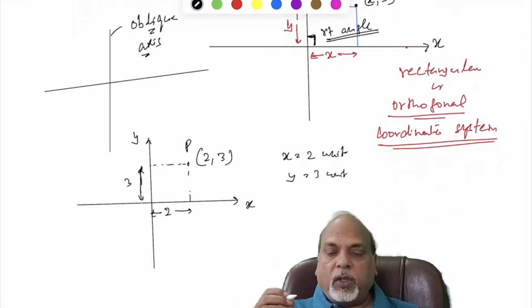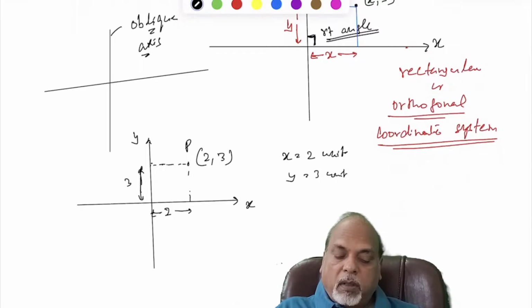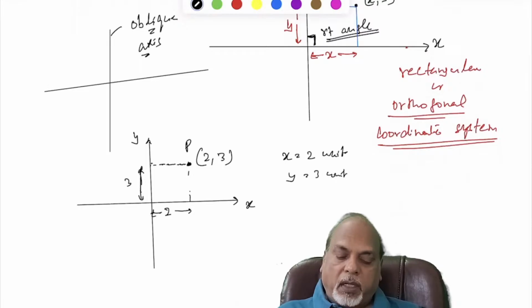So if point P is defined by (2, 3), then you can plot this point. With respect to your reference axes, that is x-axis and y-axis, you can always define this point.